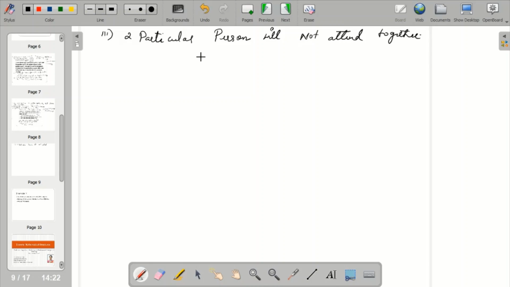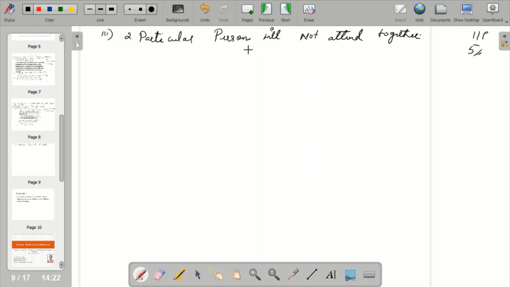For this, we had total how many persons? We had 11 relatives. We had to choose 5 out of those 11 relatives. Let me write over here. We had total persons 11. Out of that 5 should be invited, right?